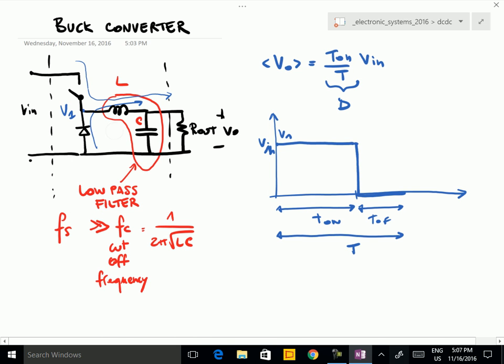So VO is constant, it is the average of V1, which we have already computed before. So this typically is also the output. There is no reason to put the angle brackets to specify that it's an average, because more or less it's constant.